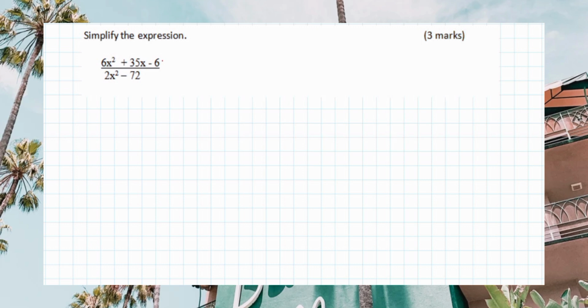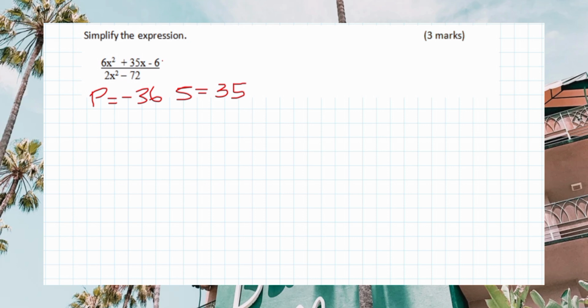Looking at the numerator here, our product should be equal to −36, and our sum should be equal to positive 35. So we look for two factors whose product is −36 and whose sum is 35.